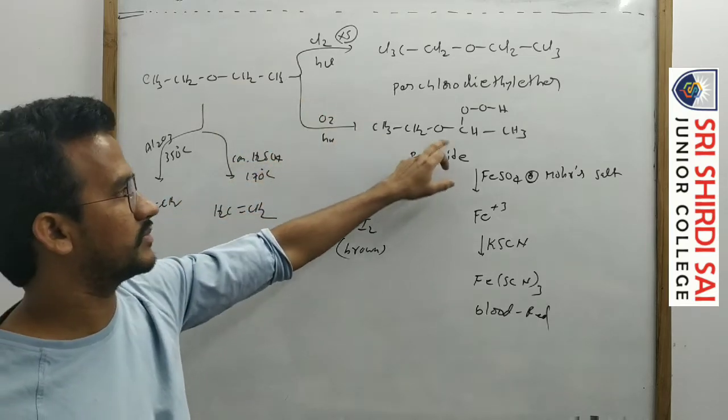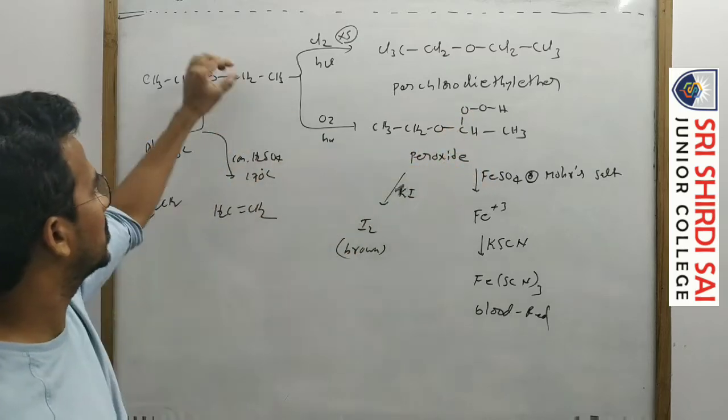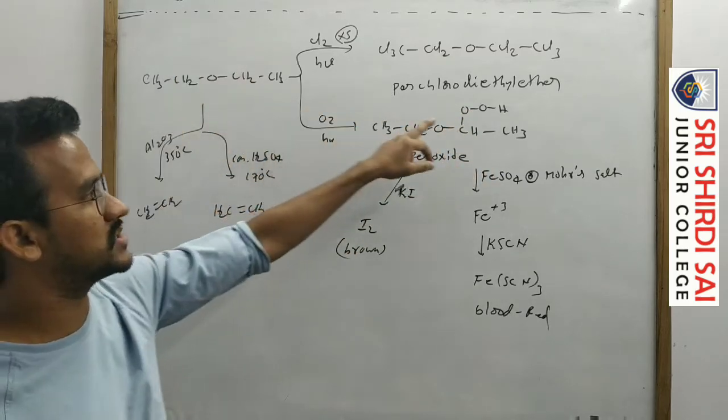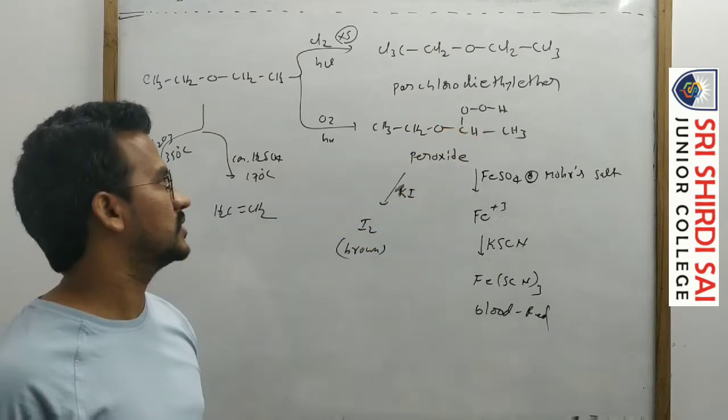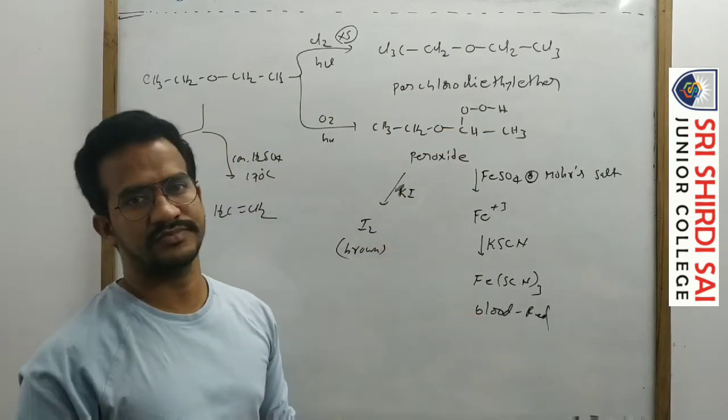That gives a peroxide, an ether peroxide, with the OOH group. That means there is a C-H bond, and oxygen insertion takes place between the carbon and hydrogen. Generally the formation of peroxides is identified by these reactions.